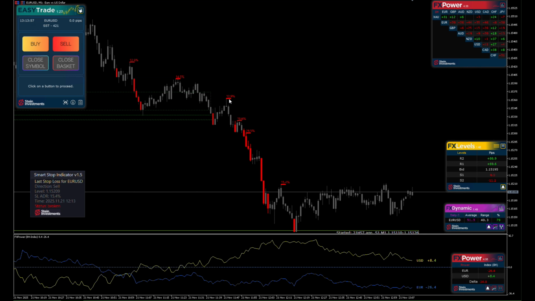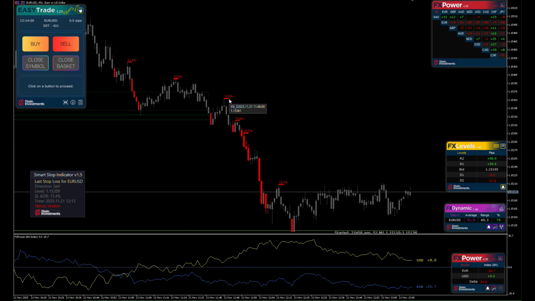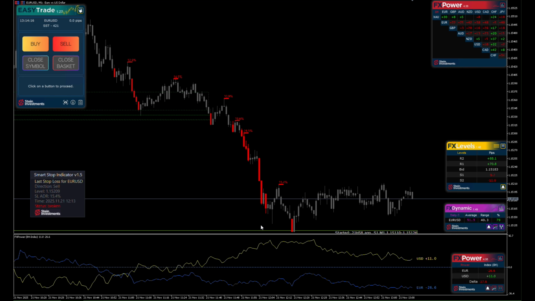And if we just have a look from here to here, considering this is 1 hour, there would have been 3 hours possible in this move, and this is a pretty excellent risk and reward ratio, especially on a Friday morning.